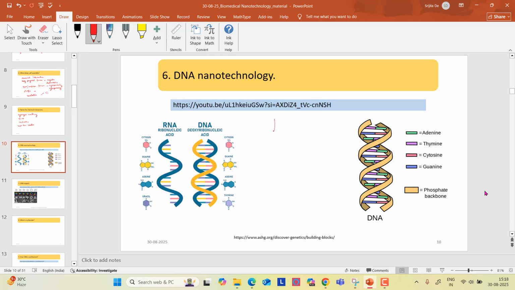DNA is deoxyribonucleic acid, right? There is also ribonucleic acid, but we are talking about DNA here. DNA consists of adenine, thymine, cytosine, guanine. These are the basic base pairs, and it has a phosphate backbone.